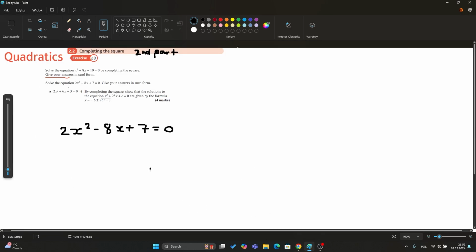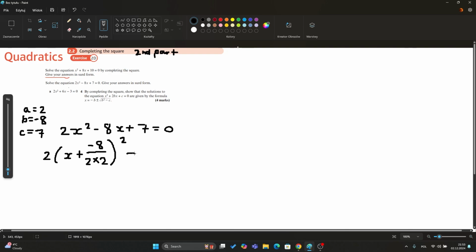Another example, which is similar to the first one, but here a is greater than 1. So here a is equal to 2, b is equal to minus 8, and c is 7. First we write the value of a, so that's 2 times x plus b, minus 8, over 2a, which is 2 times 2.